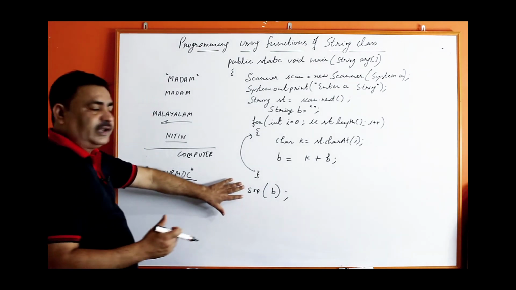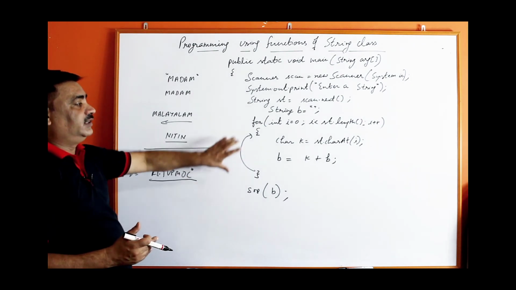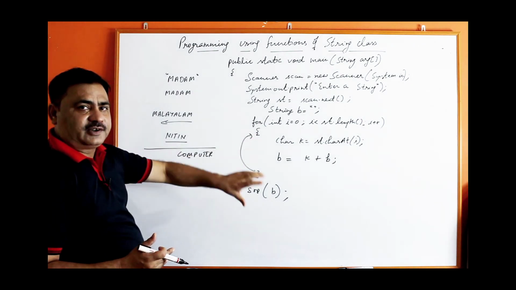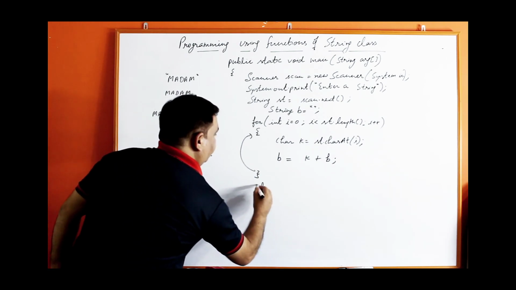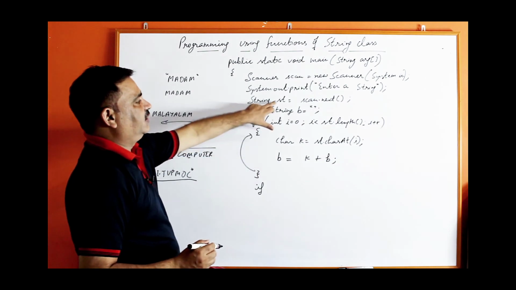But you don't have to print, you have to check whether this string or the word is palindromic or not. Then here after the loop you have to compare this value of b with the original string.